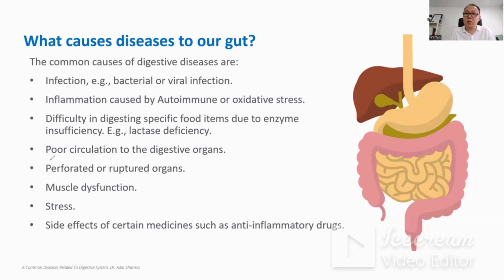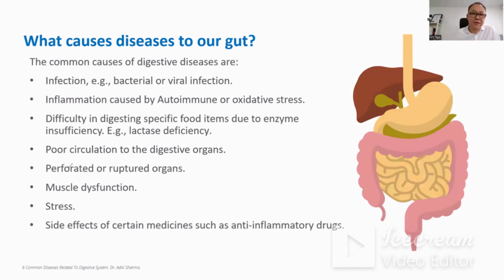Okay, so as we know, autoimmune conditions cause a lot of inflammation here and there. Inflammation and oxidative stress also mean too many free radicals, too much ROS, reactive oxygen species, and difficulty in digesting specific food items due to enzyme insufficiency.